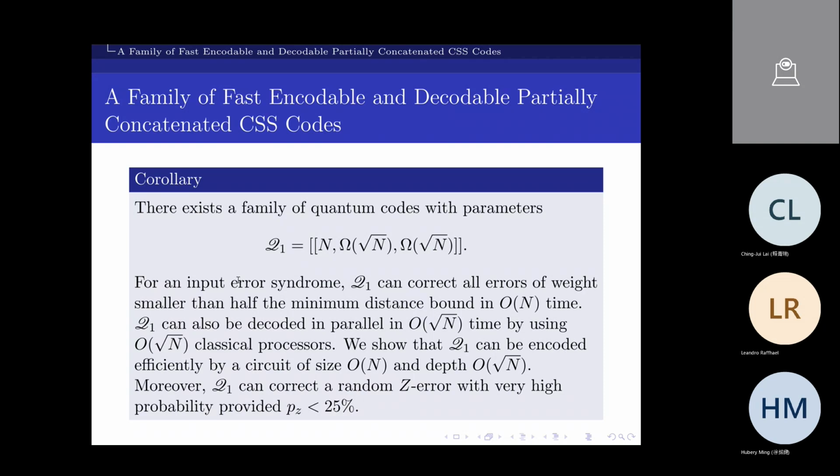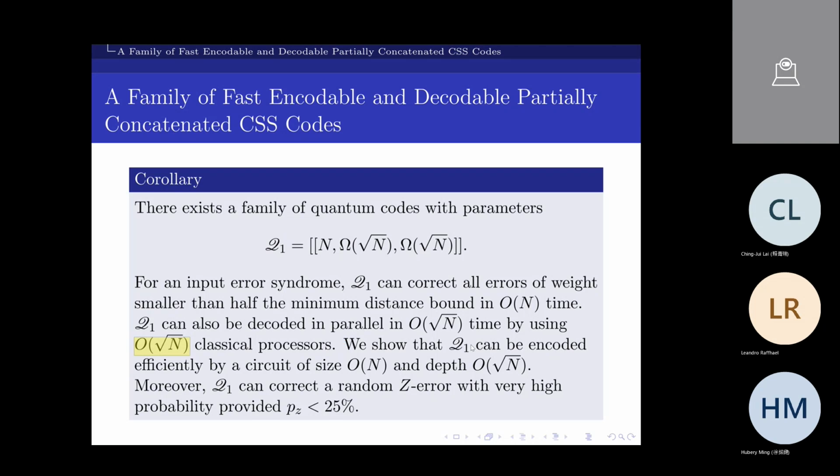Then Q1 can correct all errors of weight smaller than half the minimum distance bound in linear time. Q1 can also be decoded in parallel in square root of n time by using square root of n classical processors.